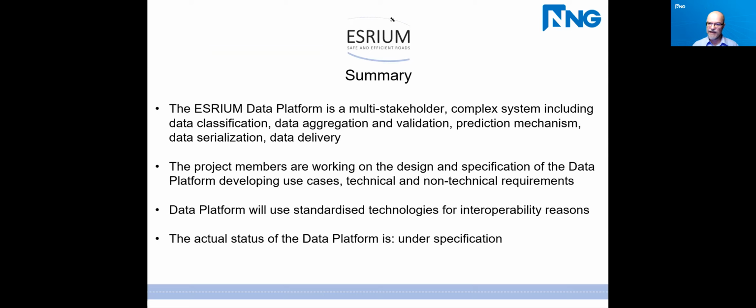Actually, the status of this data platform is in the design and specification phase, where, as you could see, we developed the necessary use cases. We are finalizing technical and non-technical requirements. So the data platform is under specification right now, but it is very much on the good way. And I hope the next time I will be able to report what we have done, how we did it, and what the results are.